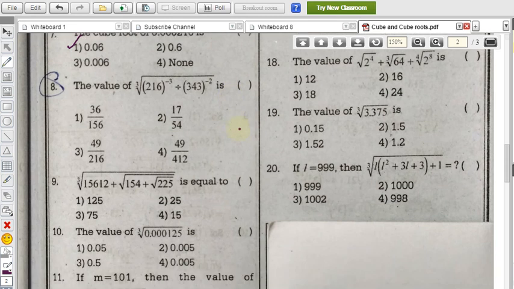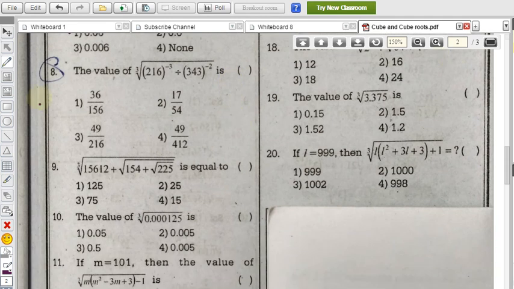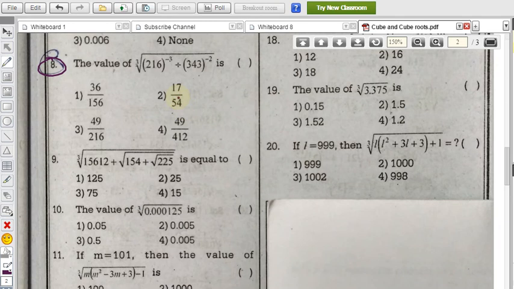Eighth one. The value of cube root of 216 to the power minus 3 divided by 343 to the power minus 2. Minus 2 is given. Okay, let us try the 8th question.